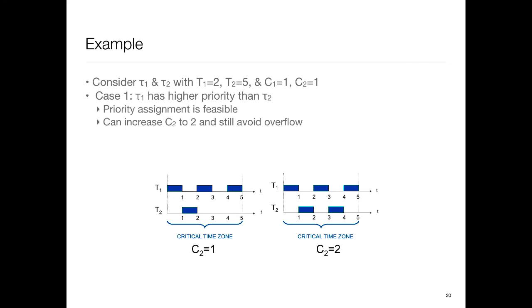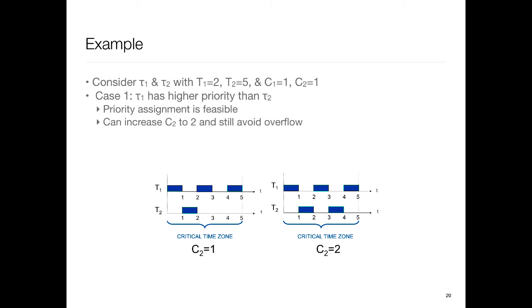If we give tau 1 the higher priority, then something like this happens where it comfortably finishes. And with higher priority to task 1, but instead of computation time being 1, I increase the computation time of task 2 to 2, it still finishes, right?